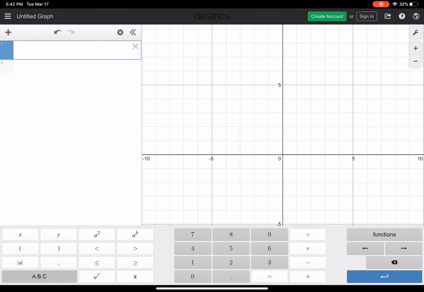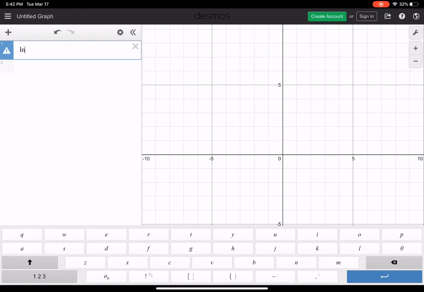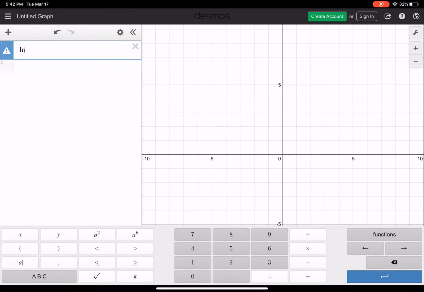All right, again, I'm going to have to type in ln. And now natural log of 5 divided by 0.12. Okay, and I get 13.4. Let's see what the problem is really asking us to round to.